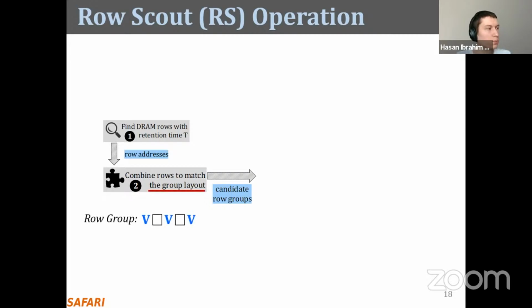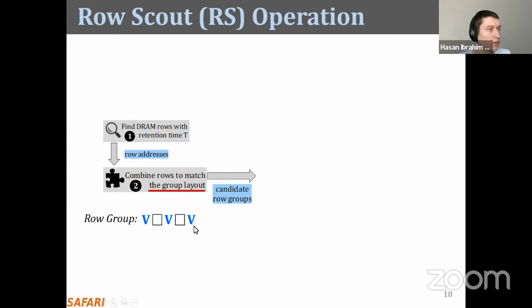The second step is combining rows to match the row group layout provided by the user. So here, the row group layout can look something like this, right? This is just an example. In this example, we have 3 victim rows, or 3 rows that we would like to find, such that they are 1 row apart. Like in between them, there is 1 other row that we don't care about. We don't care what their retention times are, right?